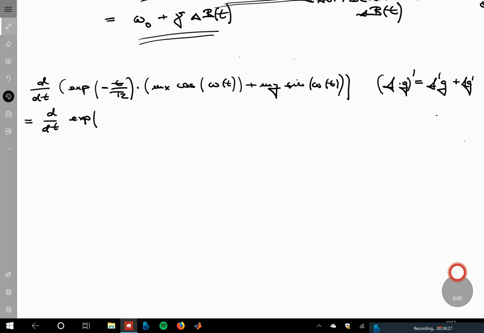Our f is now this first exponential of t, and our g is this. So we need the derivative of the exponential of this times our g, which is this.